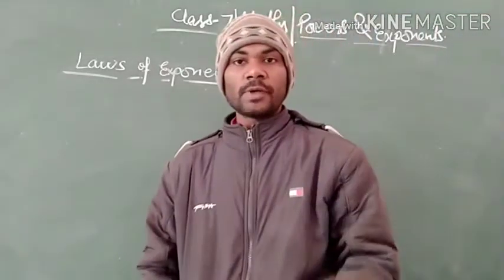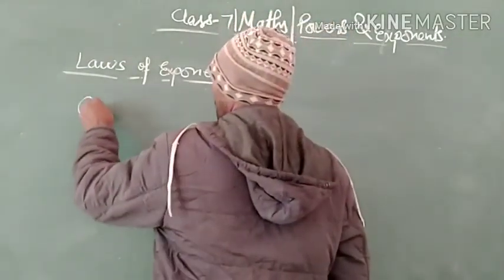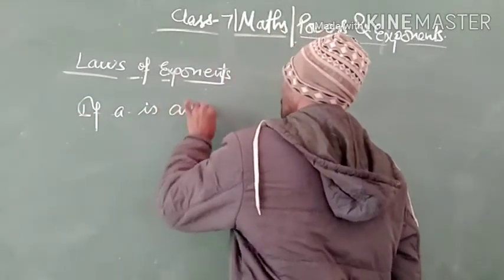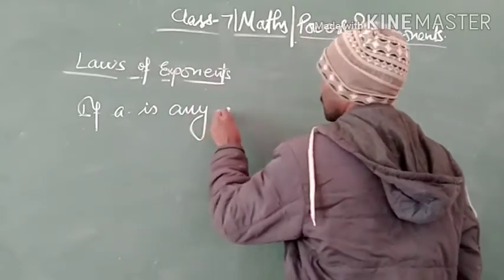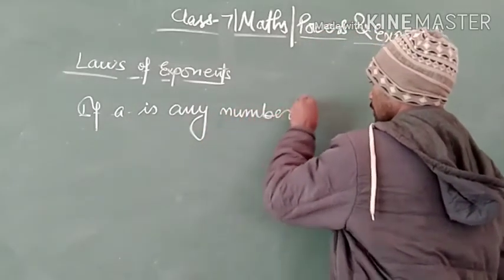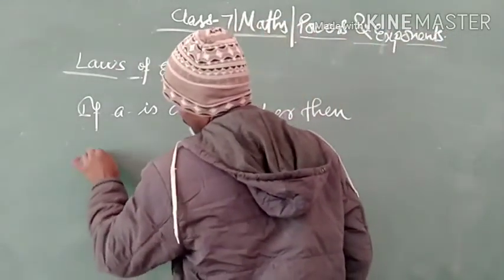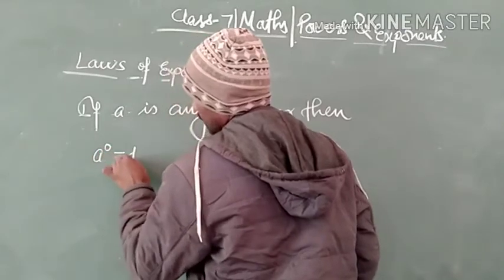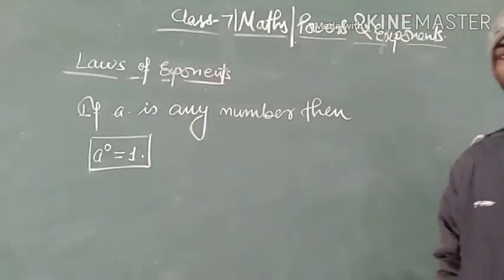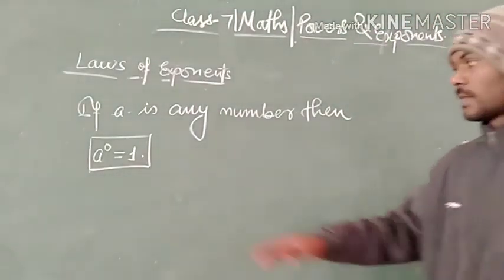The fifth law of exponent says that if a is any number, then a to the power 0 is equal to 1.